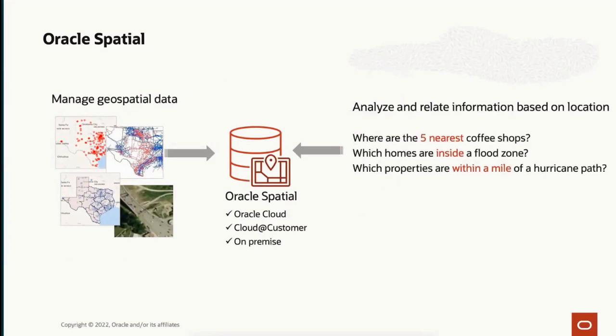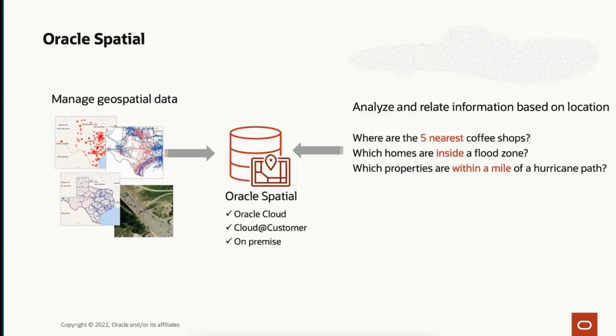So those are basic things like points, lines, and polygons representing geocoded addresses or utility lines or counties or flood zones, as well as other advanced types such as geospatial imagery, satellite imagery, that a lot of value can be leveraged from. Those are all stored natively in Oracle Database, whether it's Oracle Cloud, Autonomous Database, other database cloud services, Cloud at Customer, on premises, it all has spatial.